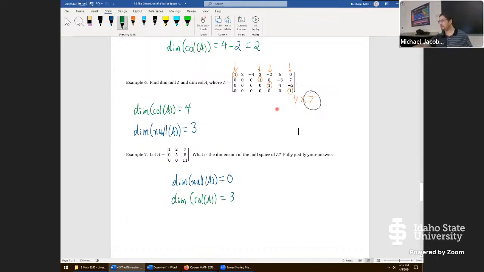Now this said, fully justify your answer, but there's not much to really say here, right? You could say, for example, on this one, there are 3 pivot columns. Okay, so now that one's fully justified. What about the justification on this one?